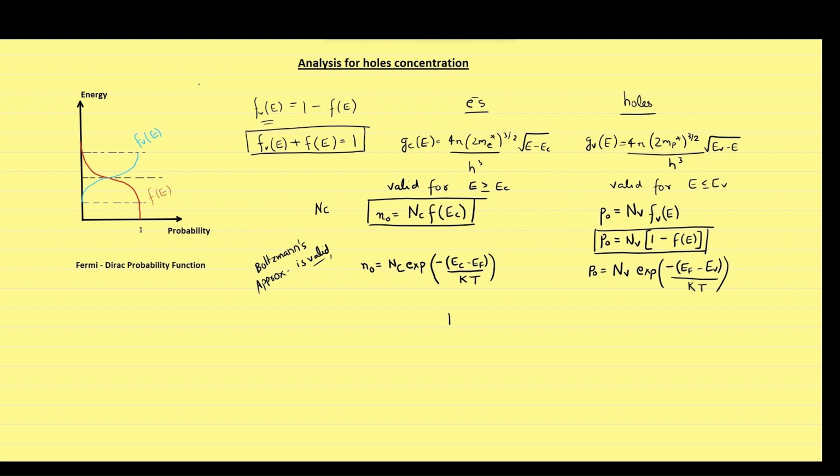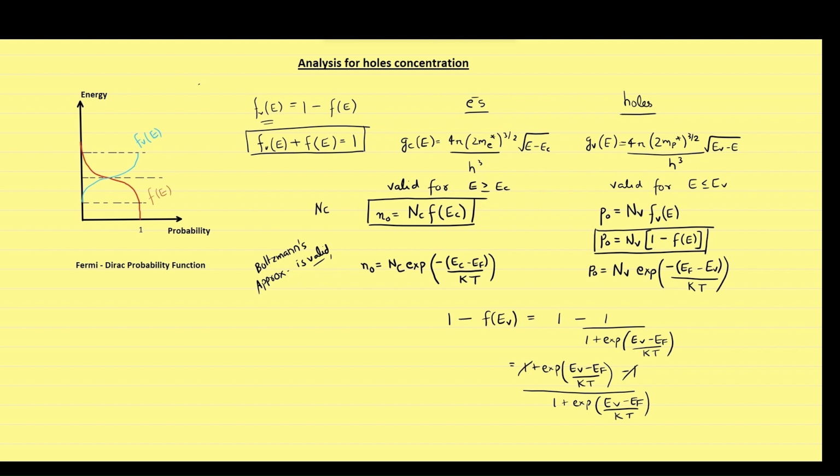You have 1 minus F. Here you have to replace E with EV, which will give, this one will cancel.